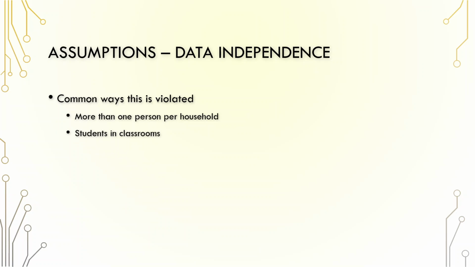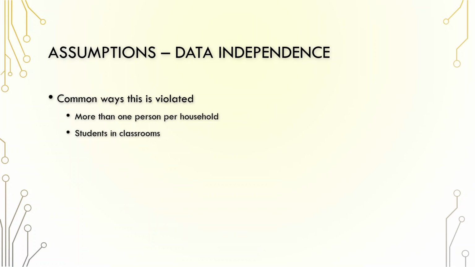Or you'll see this in studying schools, where you collect data on kids at a school, asking about their academic experience and experiences in the classroom, and you've got 20 kids in this classroom and 30 kids in that classroom and 10 in this other one.